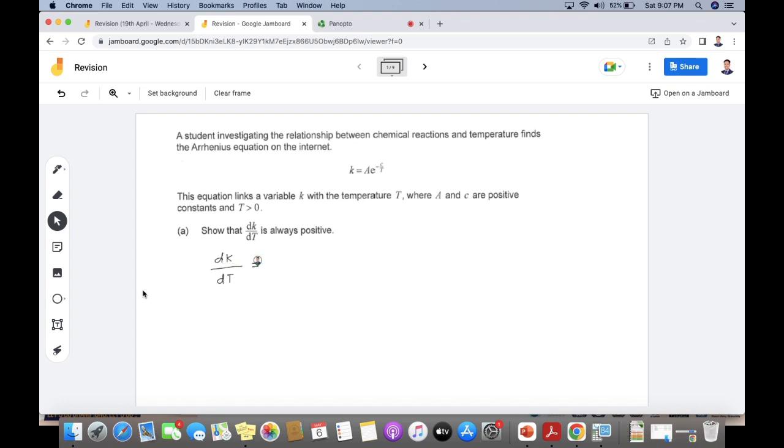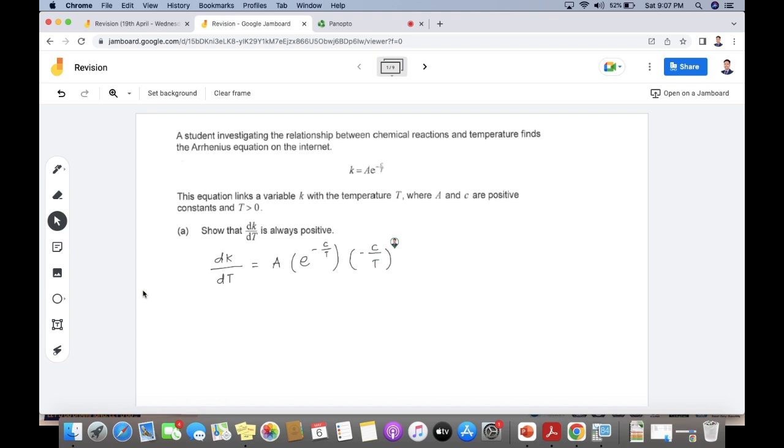So since a is a constant, using the rules we have in derivative, we can just write this as a, and then the derivative of e would be the same as e still, to the power of negative c over t, and multiplied with the derivative of the exponent, negative c over t.